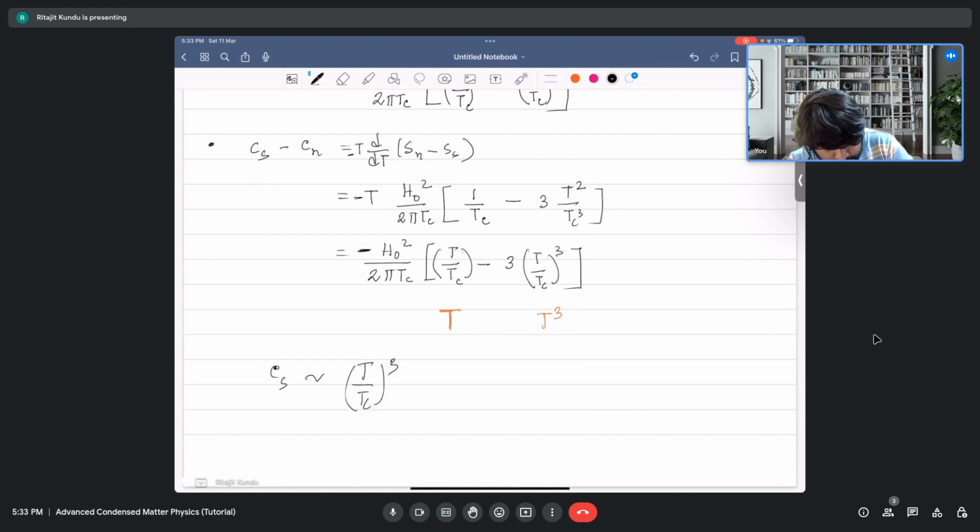So I have 3 T by Tc whole square minus T by Tc. So the difference of Cs minus Cn has these two powers, this is square, this is cube, so these are two powers of cubic and linear order.